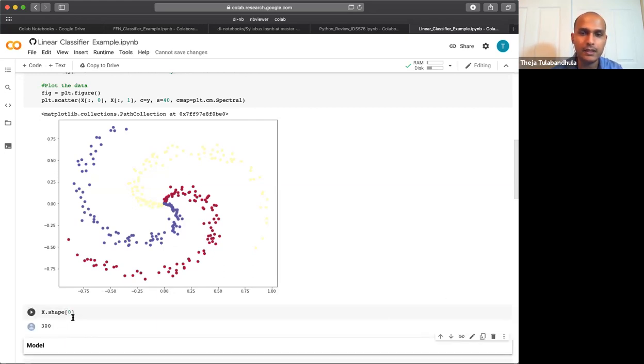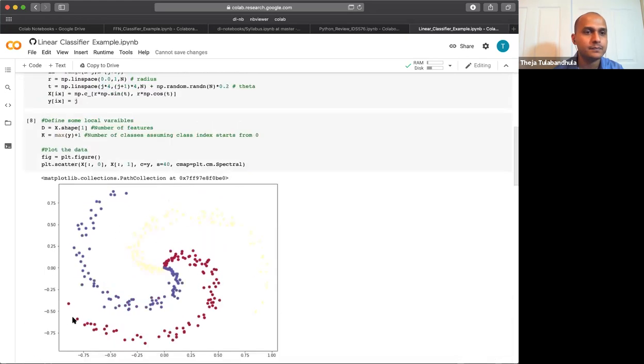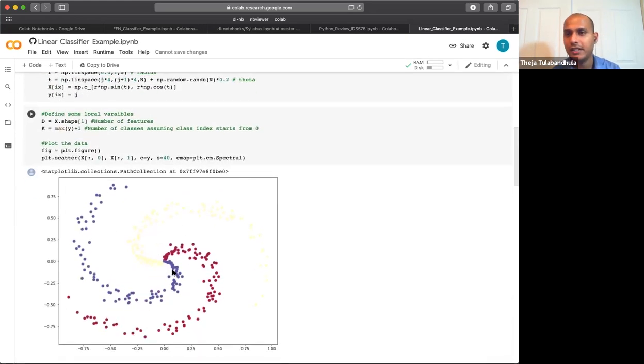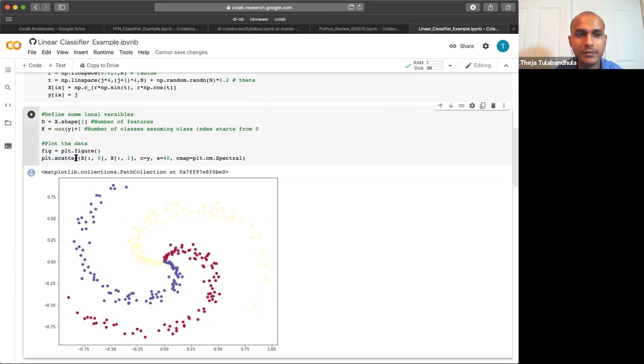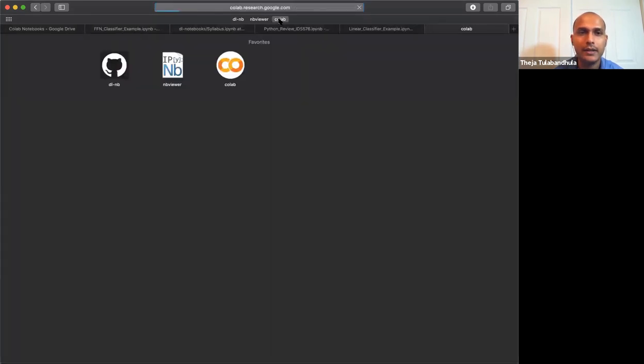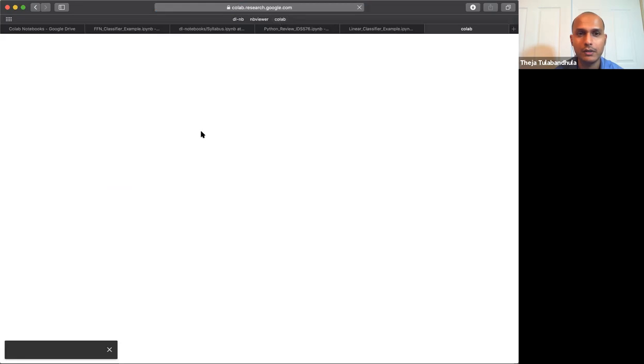So this is the data set, and we're going to fit a logistic regression classifier to this data set. At this point, we have also used the scatter function here to draw a scatter plot. To see how different plots can be generated, Colab itself has a nice examples tab, so if I open Colab again, although I won't be able to probably open too many such notebooks.